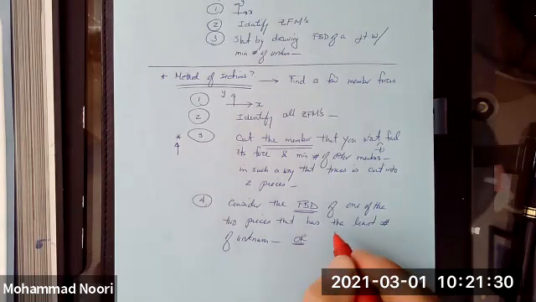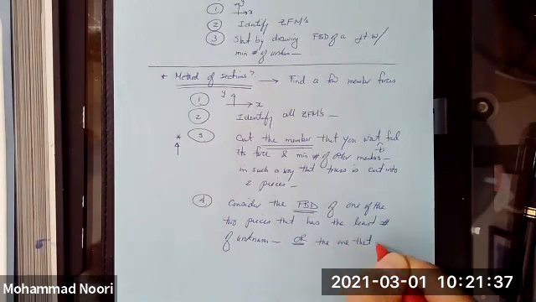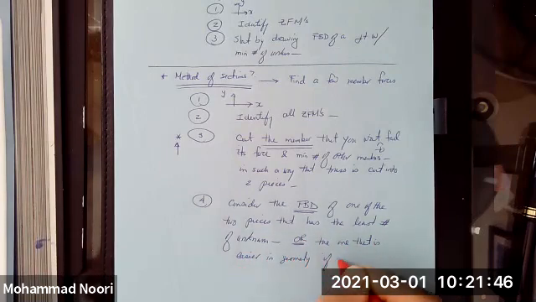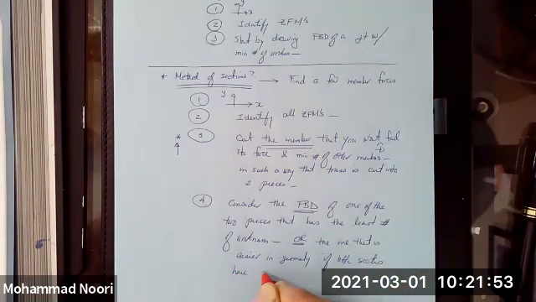In that case, you choose the one that is easier in geometry, if both sections have the same number of unknowns.